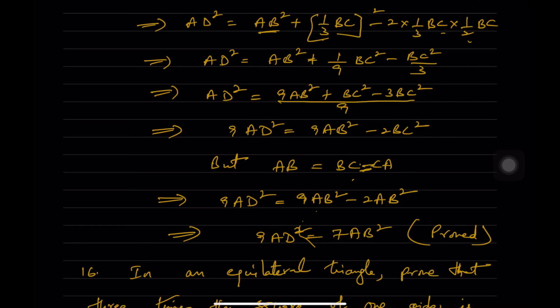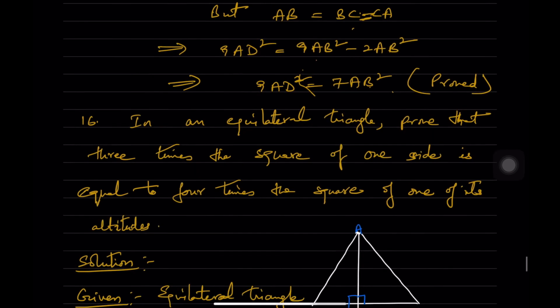Therefore, writing BC as AB, 9AD square is equal to 9AB square minus 2AB square. So therefore 9AD square is equal to 7AB square, hence proved.